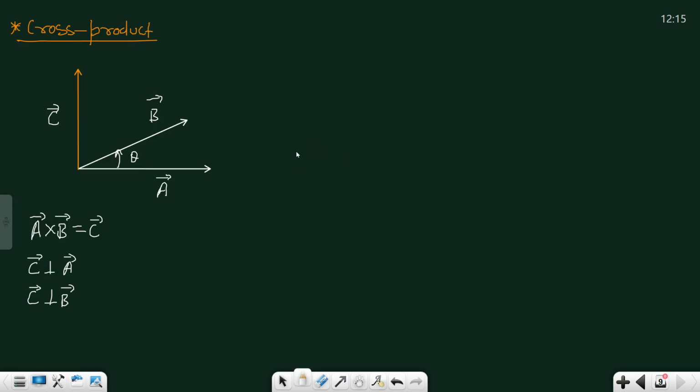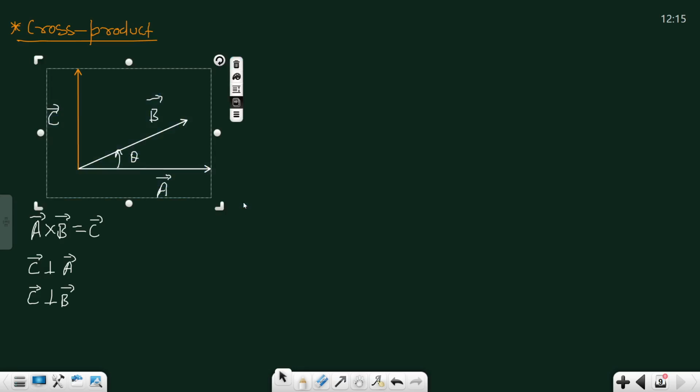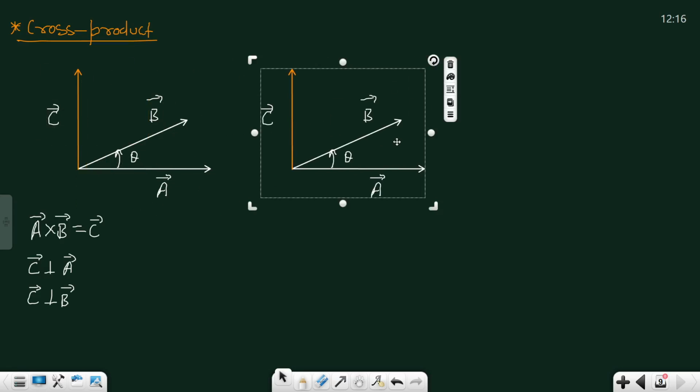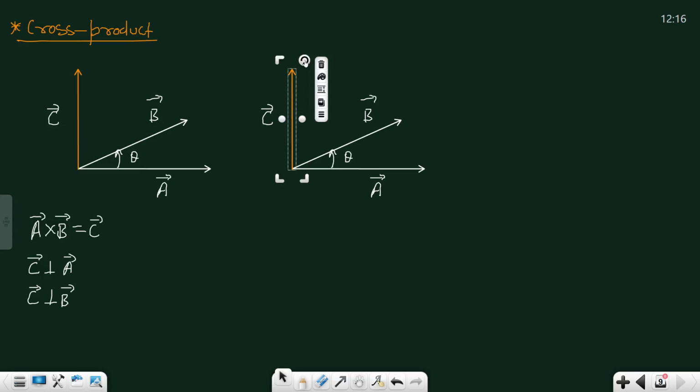And what you will get if you go for B cross A? Minus C. The middle finger was B, right? This is the forefinger, this one is A, this one is B, and the thumb is C. The middle finger is B. Clear?